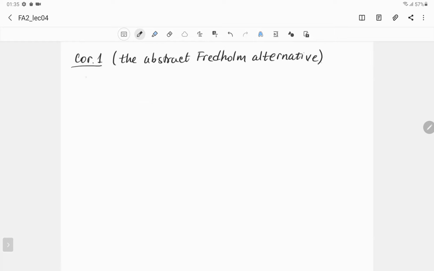So if I have an operator T of the form 1 plus a compact operator on the Banach space X, then such an operator is injective if and only if it is surjective, if and only if it is bijective.